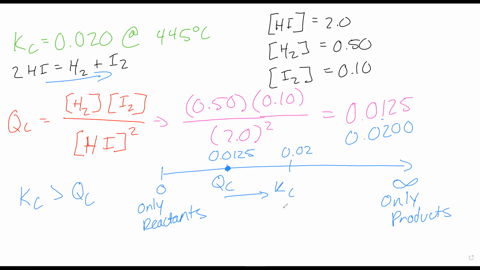At equilibrium, they are equal, which means at Qc there's some products, but there's more reactants. If we're trying to get it to equal, then it needs to favor products because it needs to make more products. And that's your answer. Qc is less than Kc, and it is favoring the production of products, which means it will make more H2 and I2.